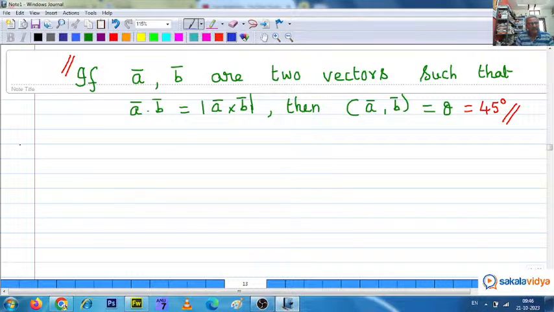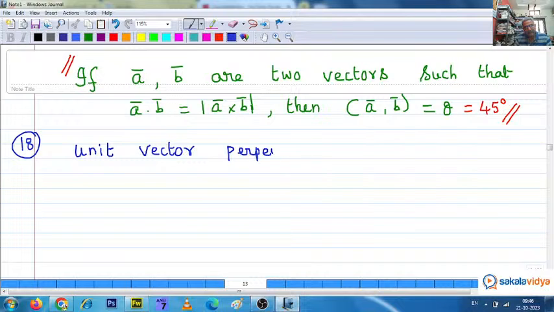So now let us discuss the next point. Already we have discussed the unit vector perpendicular to the plane of A bar and B bar.